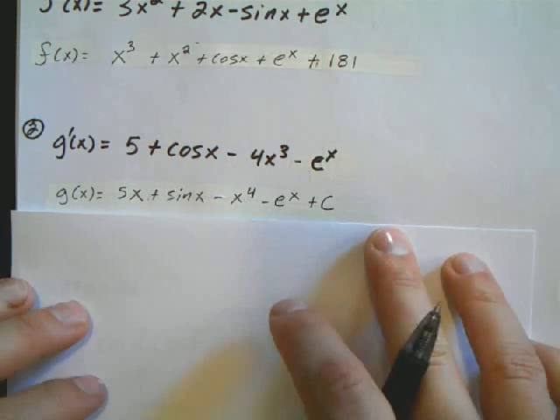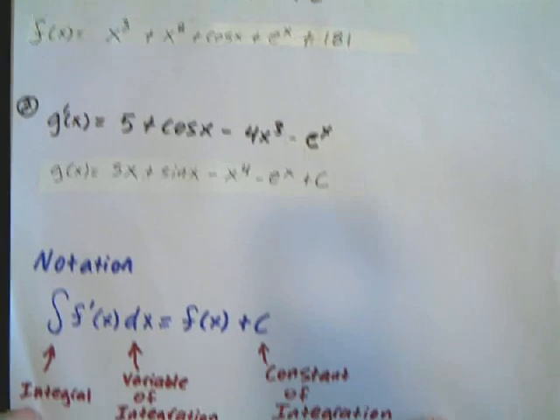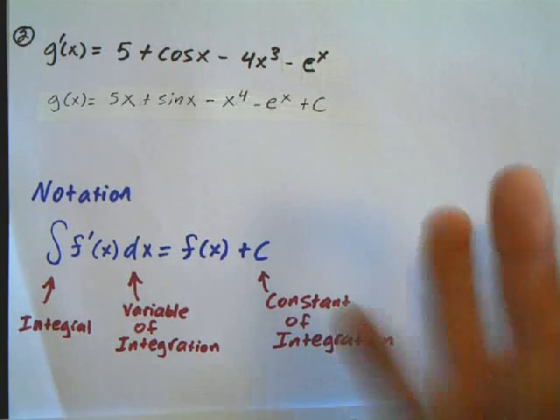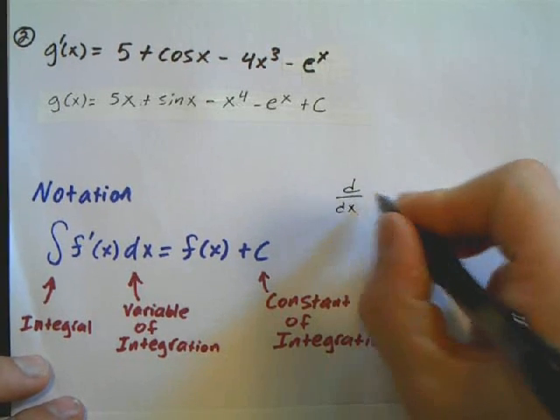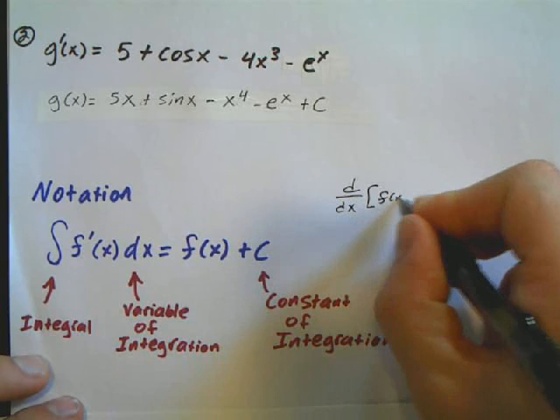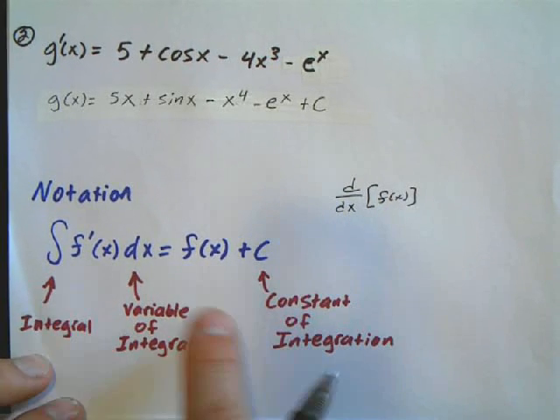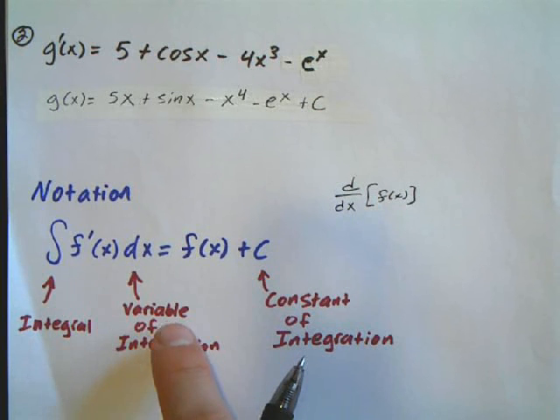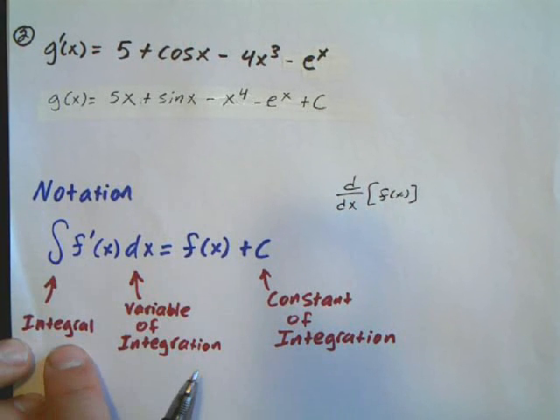Alright, so now let's go over some notation. Just like we have derivative notation, d over dx and then some function, which indicates to take a derivative, this notation indicates to take an antiderivative. This big S-looking thing is called an integral.